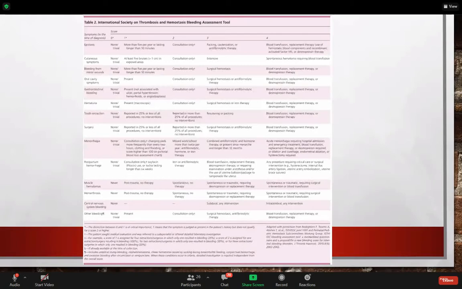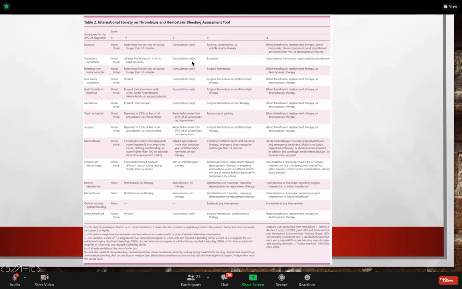To be objective, this is a very busy slide, but it is one of the assessments created by an international group, just to know whether the bleeding is significant or not, okay? We're not going to go over it, you can go over it in your free time. But for example, when you have cutaneous symptoms, okay? Is it very simple, just trivial, or is it actually bruising, more than 1 centimeter?